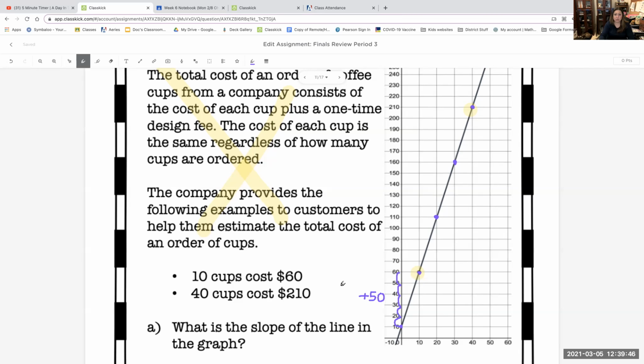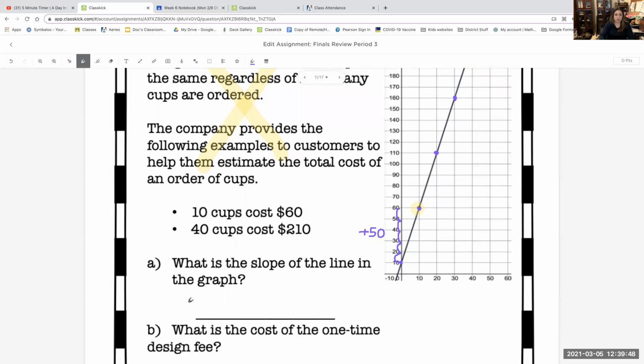All right. So when we have slope, we do rise over run. So our rise is 50. Then I'm going to do it in a different color. Let's do red. I have one jump. What's my jump down here? It's also by tens.